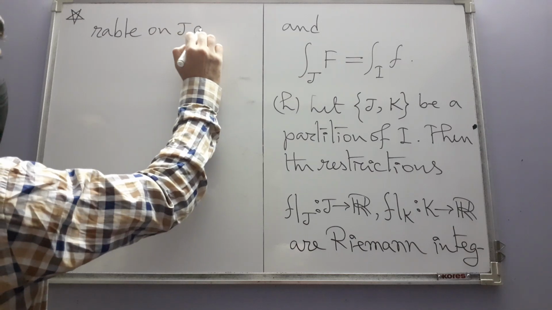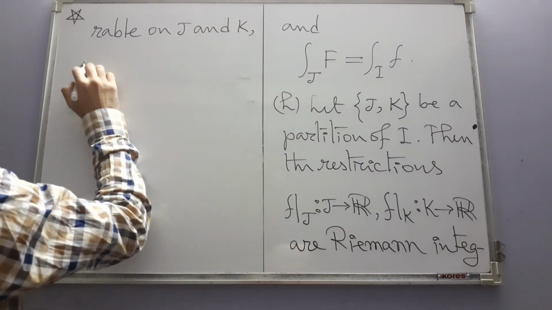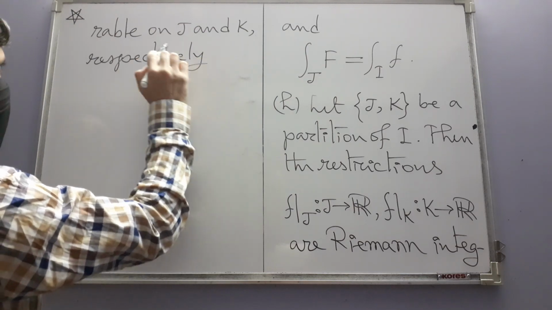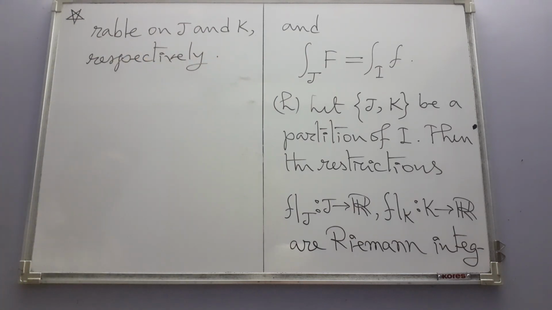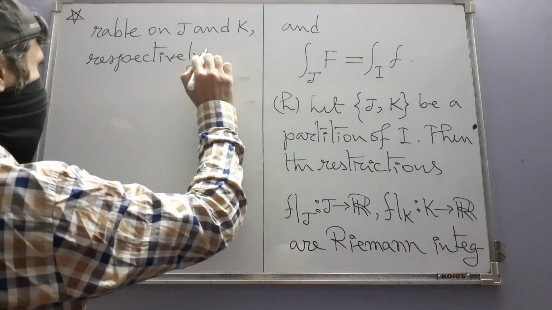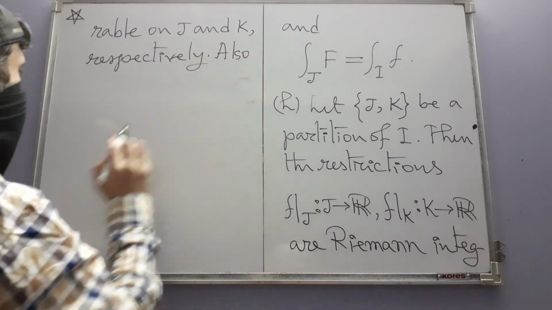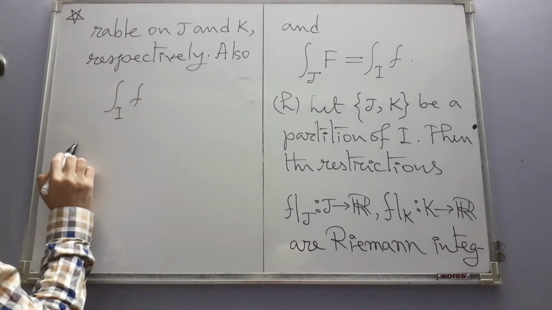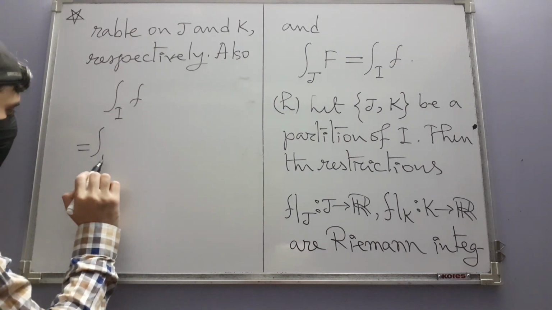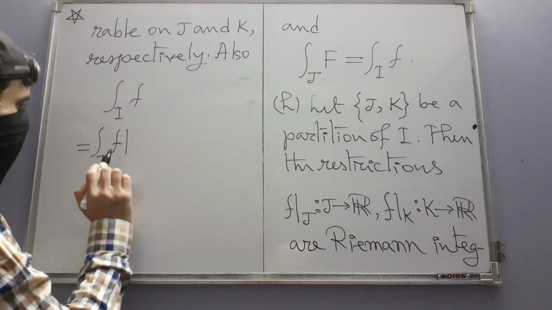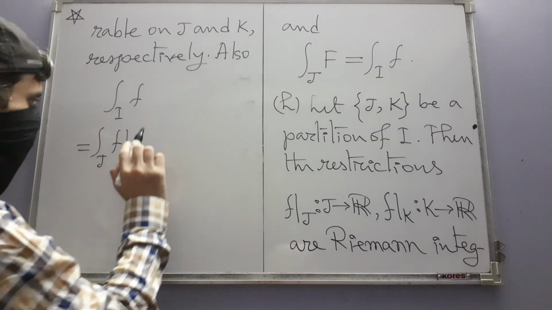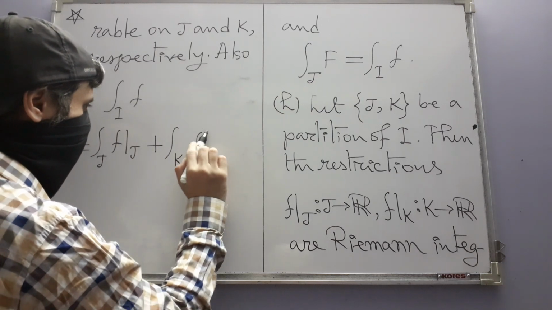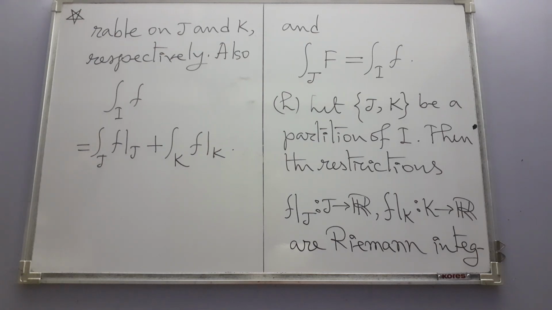On j and k respectively. Also, the integral of f over I is equal to the integral of the first restriction over j plus the integral of the second restriction over k.